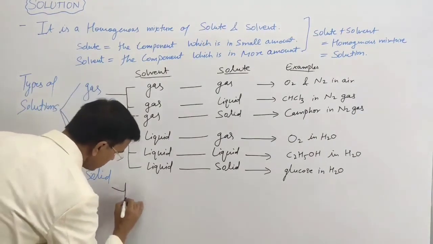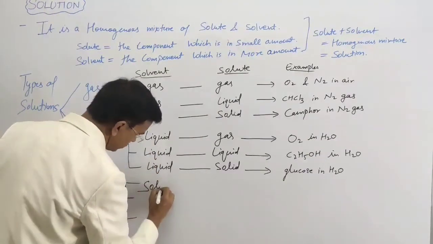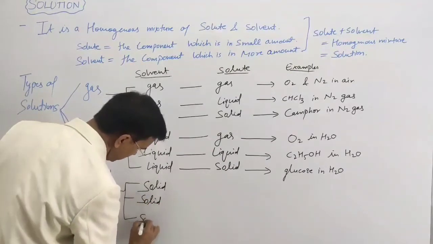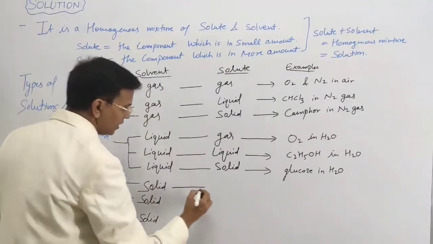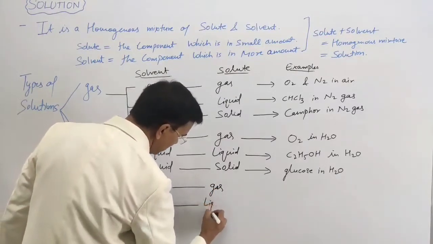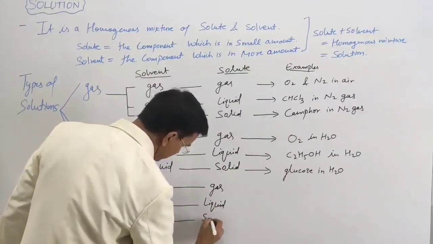Now come to the solid phase, when the solution is in solid phase. It will be three types. Solid will be the phase. So solvent will be solid in all the three. Now the solute, once it will be gas, once it will be liquid, and once it will be solid.